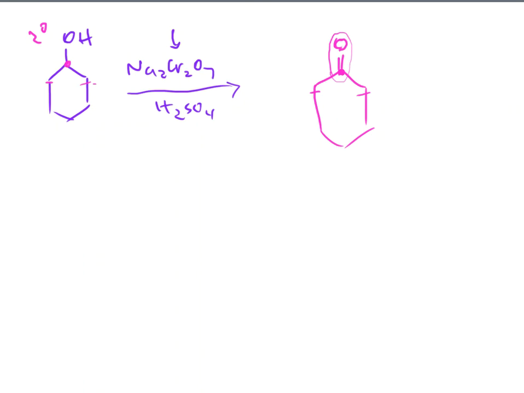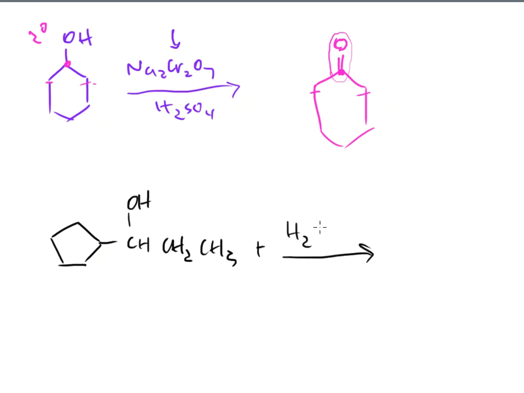Let's do another example. While we're on a roll, this time let's do a cyclopentane ring. And this has a CH, maybe here, OH, CH2, CH3, and we're going to react this with H2CrO4.